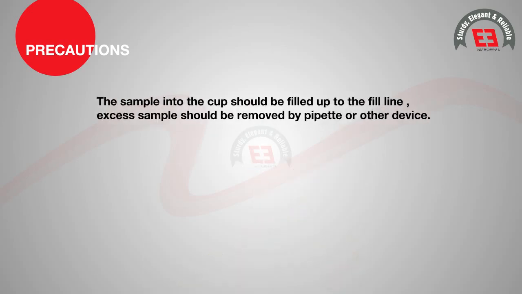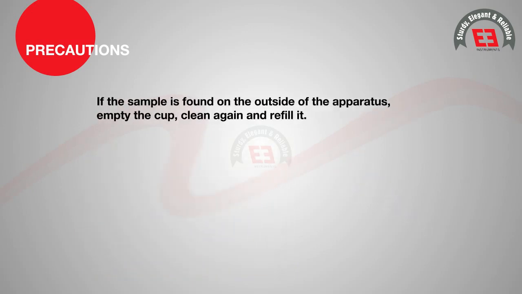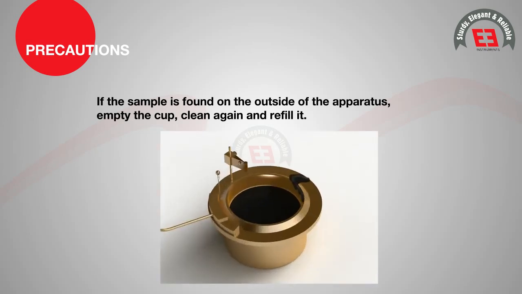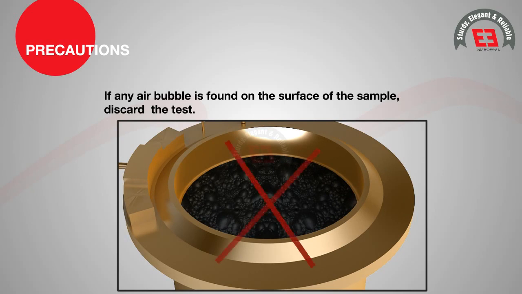The sample into the cup should be filled up to the fill line. Excess sample should be removed by pipette or other device. If the sample is found on the outside of the apparatus, empty the cup, clean again and refill it. If any air bubble is found on the surface of the sample, discard the test.